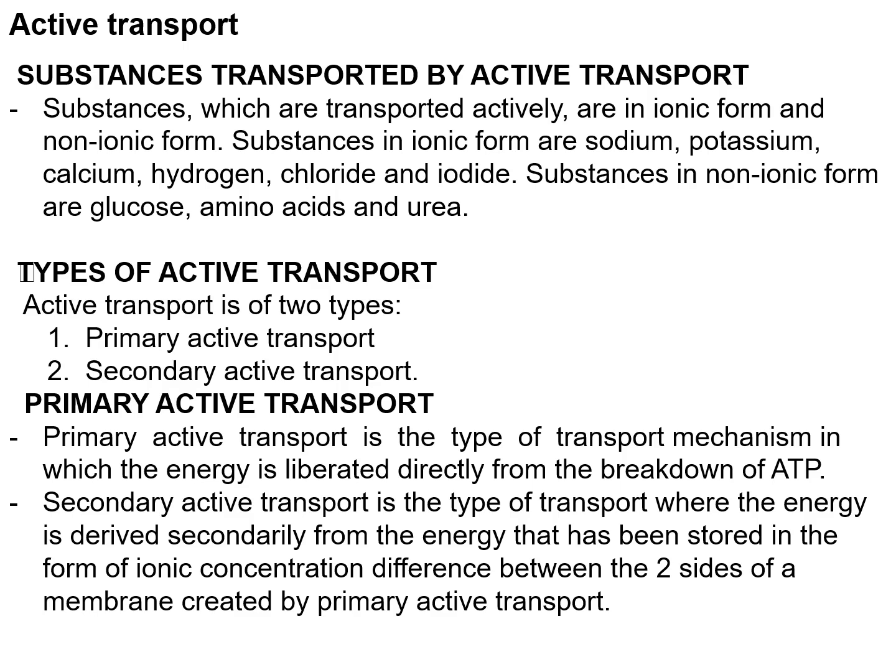So we first need primary active transport, which gives you a gradient for a specific ion or non-ionic form. After that, secondary active transport will use such gradient to achieve a specific type of membrane transport mechanism. Secondary active transport will not happen if you don't have primary active transport. That's why we term it secondary active transport.